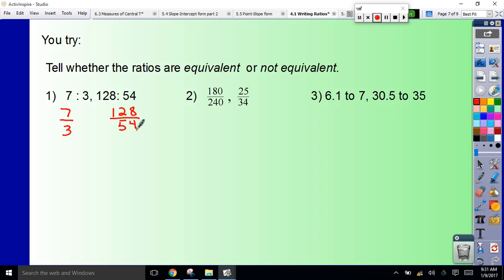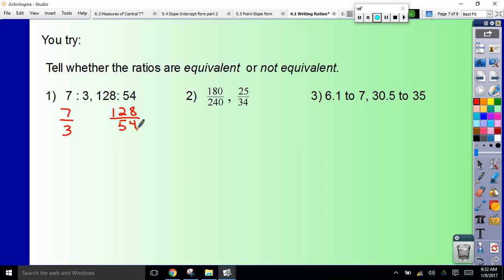What did you get as a decimal when you divided 7 divided by 3? Did you write down what you got or did you just do it? I was doing it across from each other. I did like 3 divided by 54. Okay, that you actually don't want to do. You want to write them as fractions and then compare each fraction to itself.